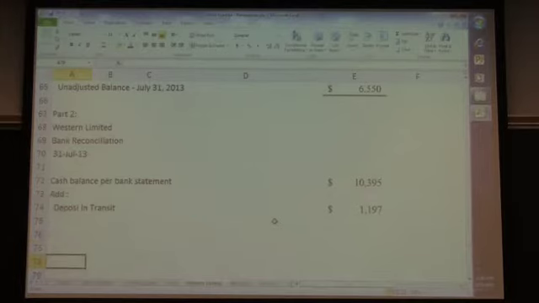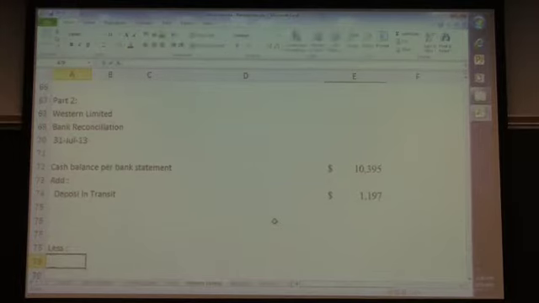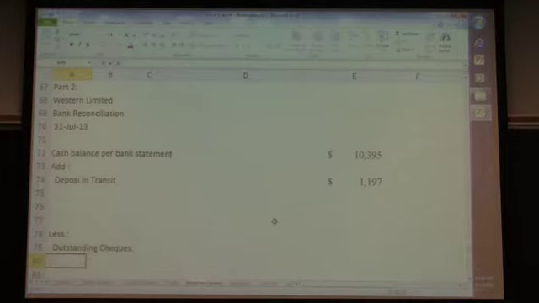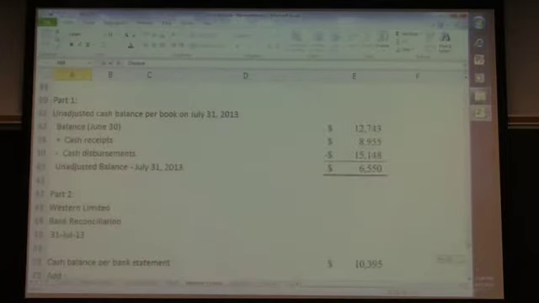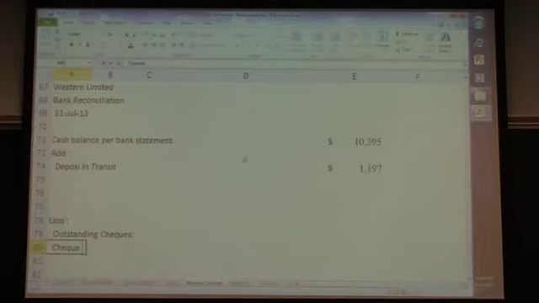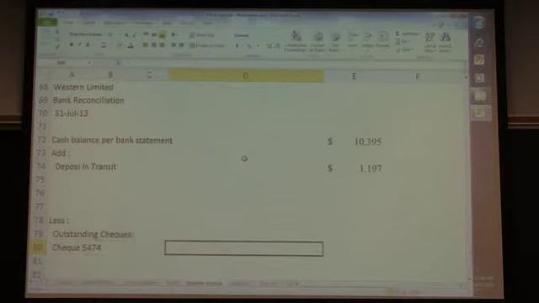And if we take the outstanding checks, the check that we have identified is 5474, and the amount is $1050.